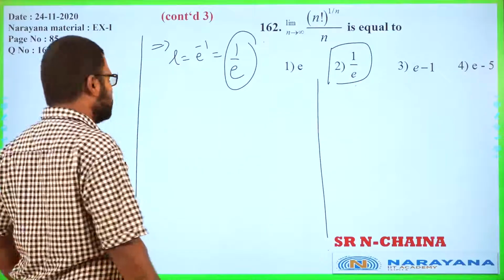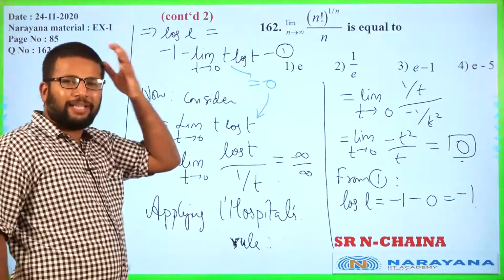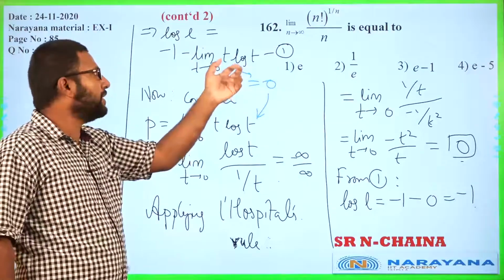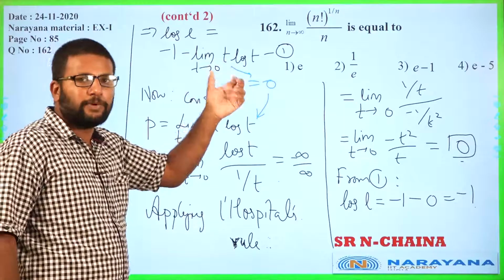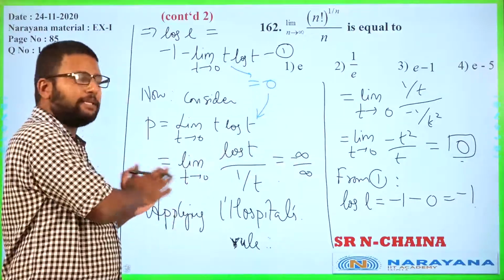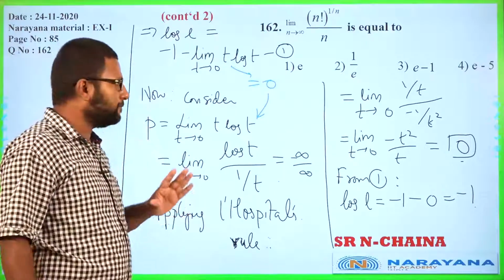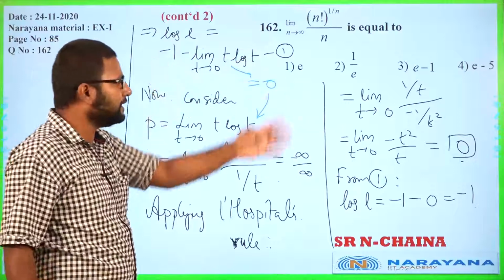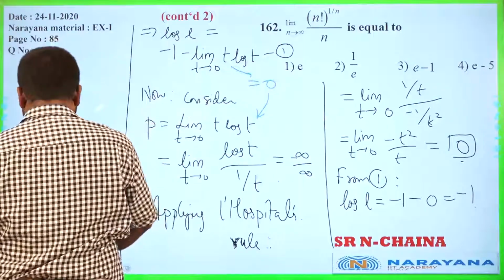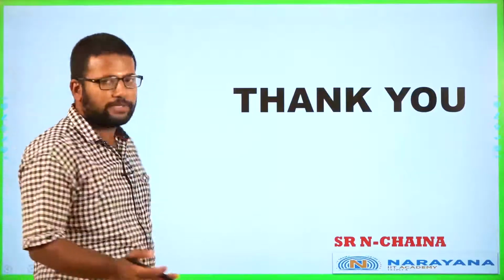Right? So just be a little bit careful about this stuff. Next time you encounter this in an objective paper, you can actually just put it as 0. But just to be clear, there is an entire thing happening behind the scenes to put this as 0. Alright? Okay. So log L is minus 1, therefore the answer becomes 1 by e. Alright. So that was the last question.